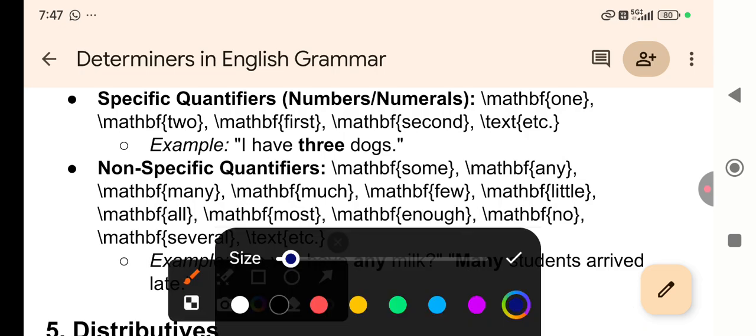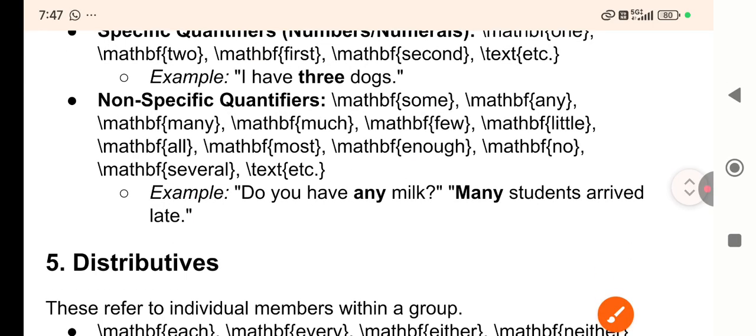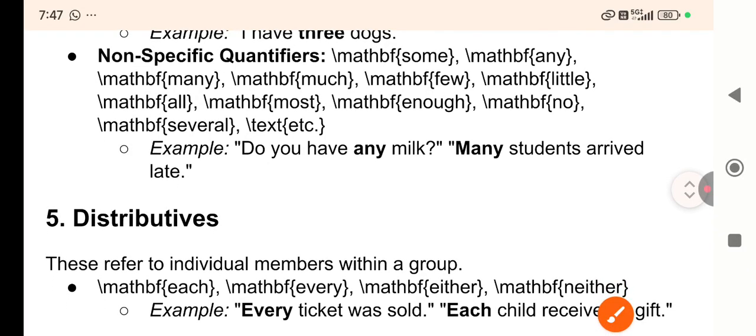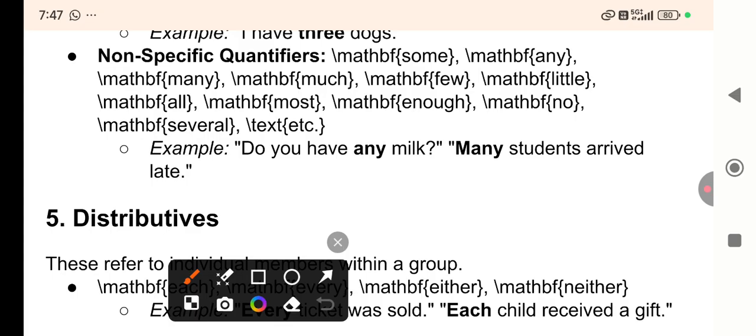And non-specific quantifiers are some, any, few, much, little, enough, most, all, no, several, because that is not specific.